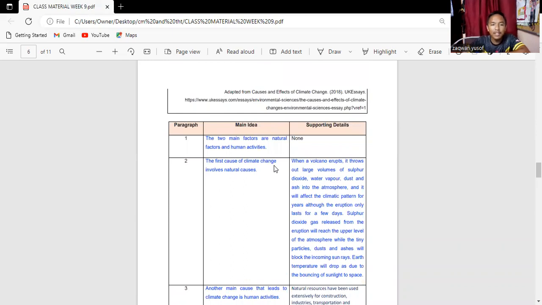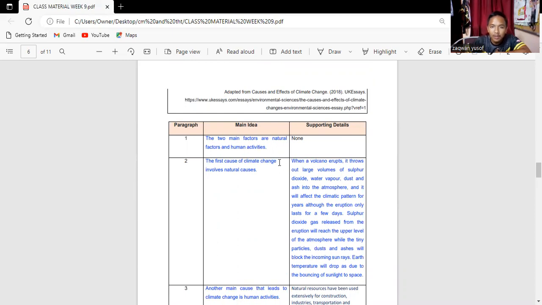Okay, paragraph 1, the main idea is the two main factors are natural factors and human factors. Supporting detail is none. Paragraph 2, the main idea is the first cause of climate change involves natural causes.